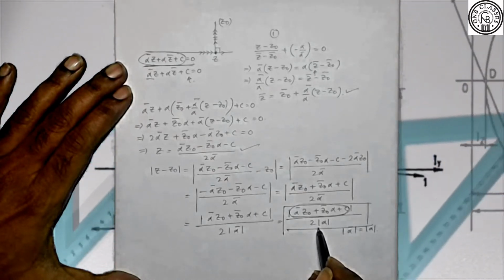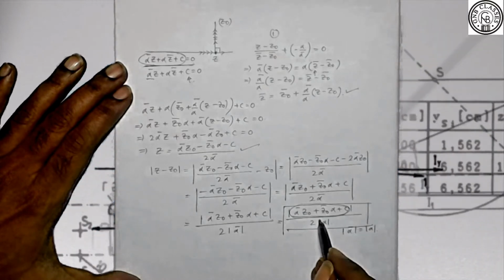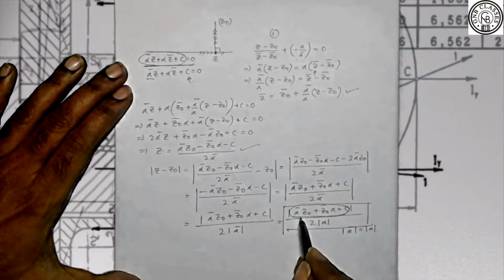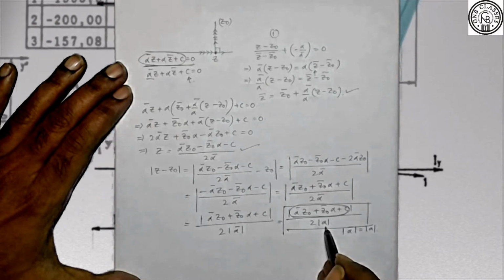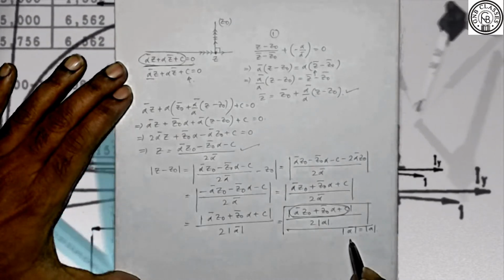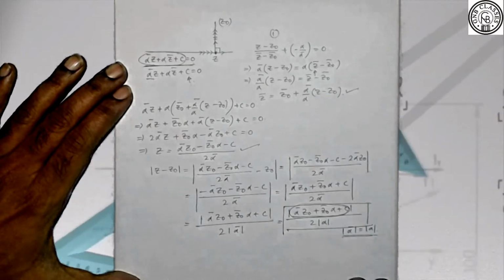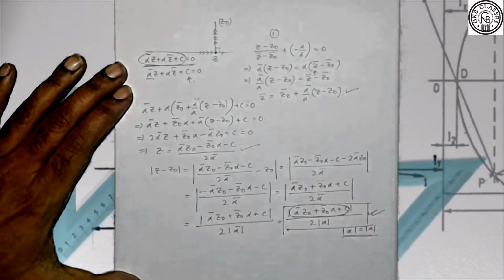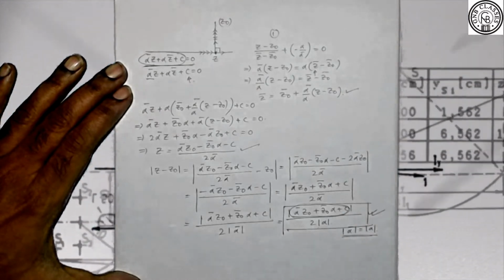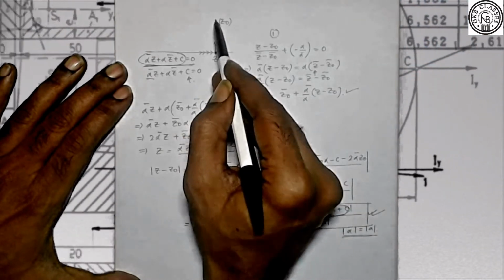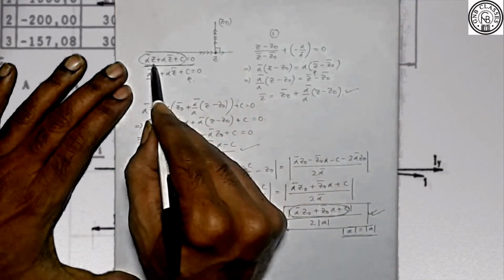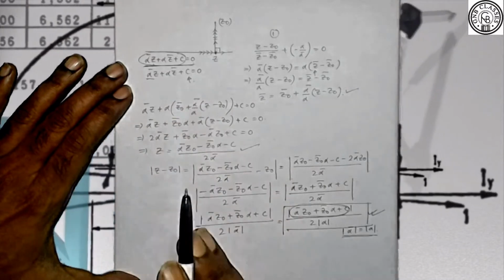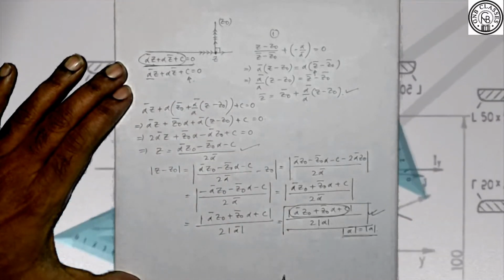And in the denominator we will have 2 times mod of alpha. Even if you wrongly take alpha bar, it doesn't matter because mod of alpha and mod of alpha bar are the same. So we have to remember this as a formula, that this is the perpendicular distance drawn from a point z0 on a line alpha bar z plus alpha z bar plus c equals 0. Is it clear? Okay.